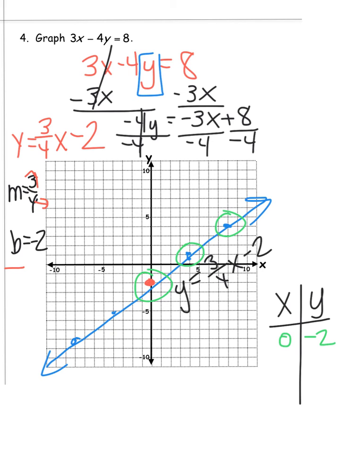All right, next I have 4, 1. And last but never least, I have 8, 4. And that's all she wrote.